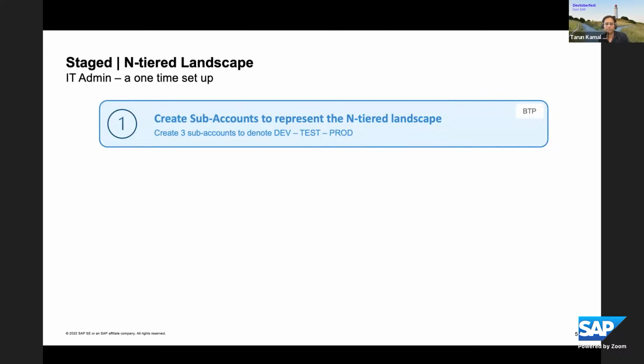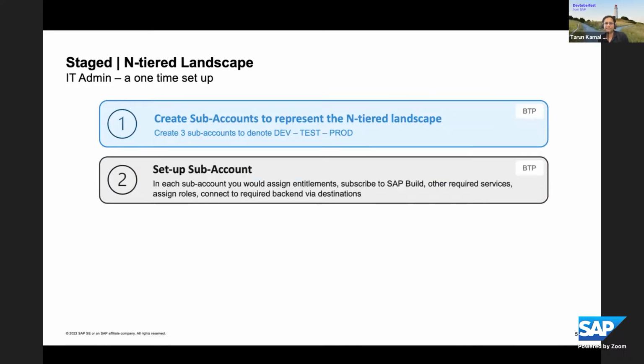It could be 3 or 2, that denote the dev test prod or just a dev and prod setup. The second step is, once you've created these sub accounts, you want to set up each sub account. In a sense, you want to assign the required entitlements, you want to subscribe to Build or other services, assign roles, connect to the required backends. So these are prime things that you would naturally do to set up each sub account as such.